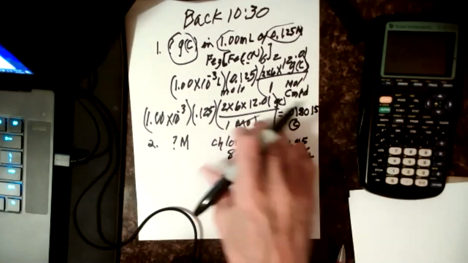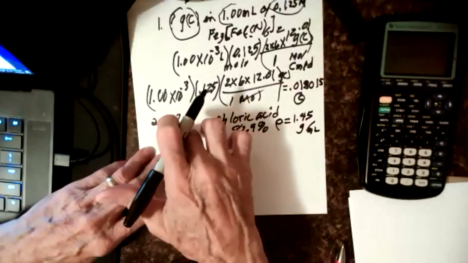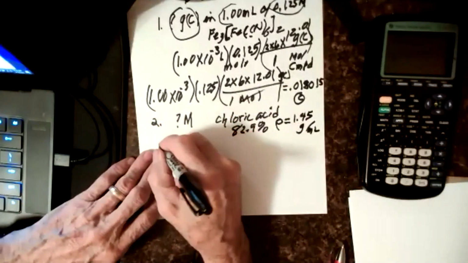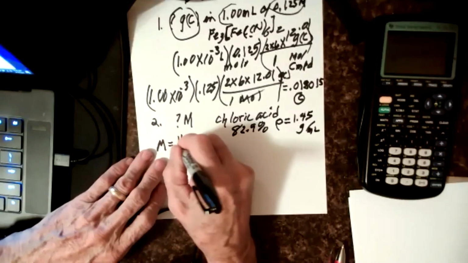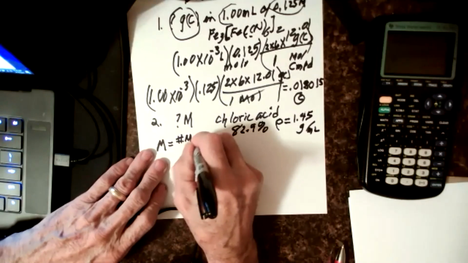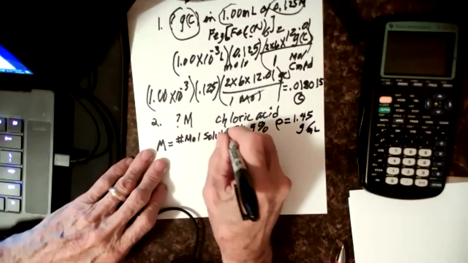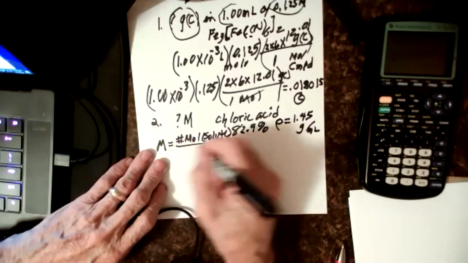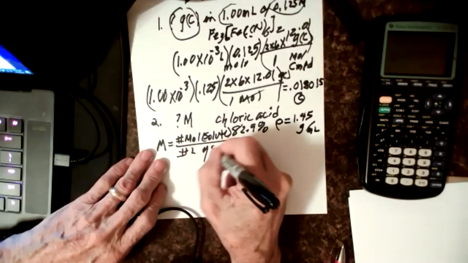And when it asks what's the molarity, remember what I told you. When you have a question asking for the molarity, you're going to write down the definition. Molarity is the number of moles of the solute divided by the number of liters of the solution.